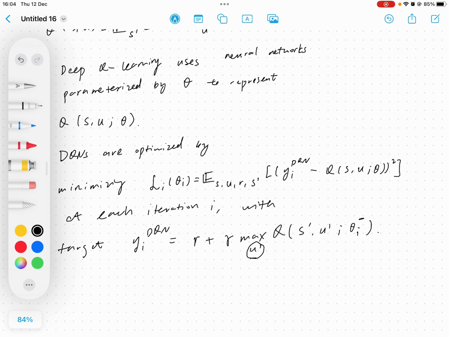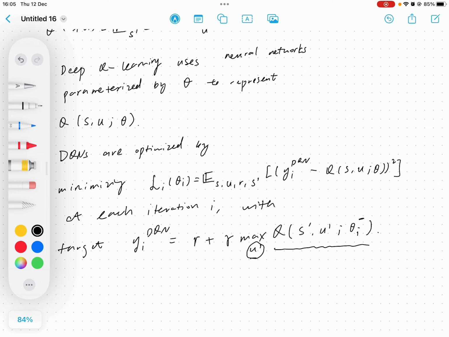In this way, we obtain, given this Q value function, and taking this action in the next state, U prime, to try to maximize this.